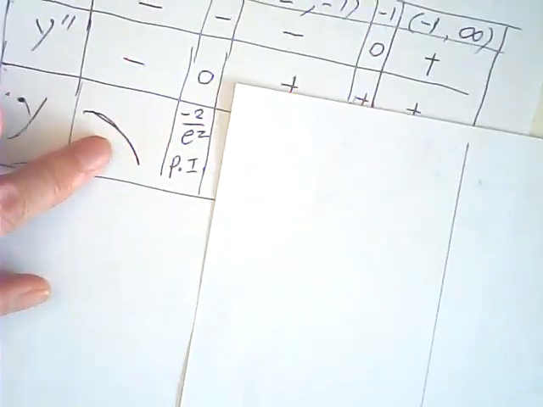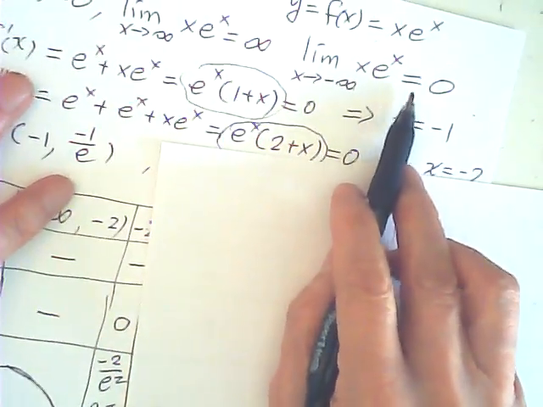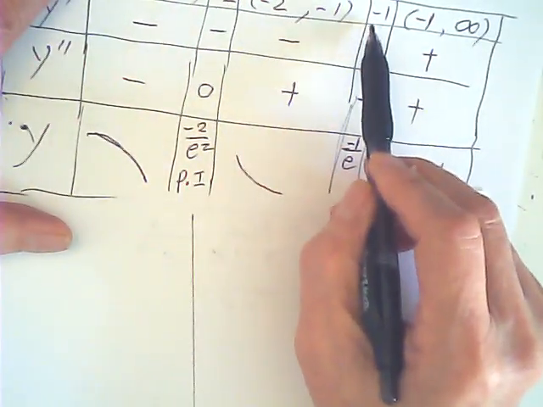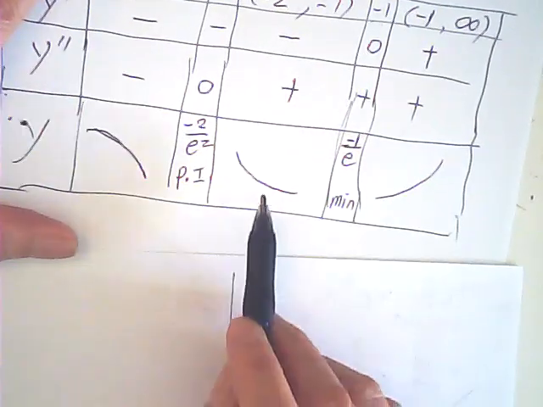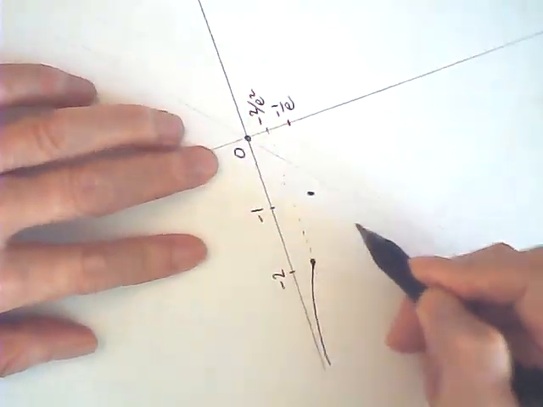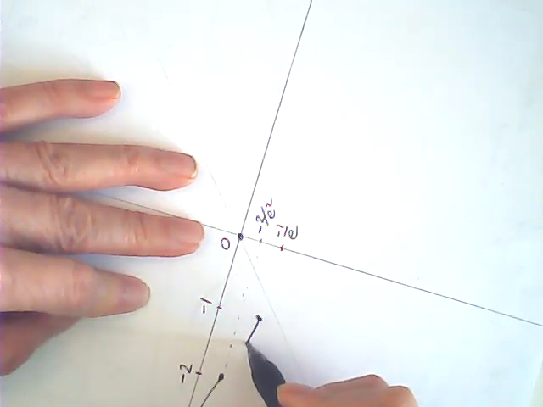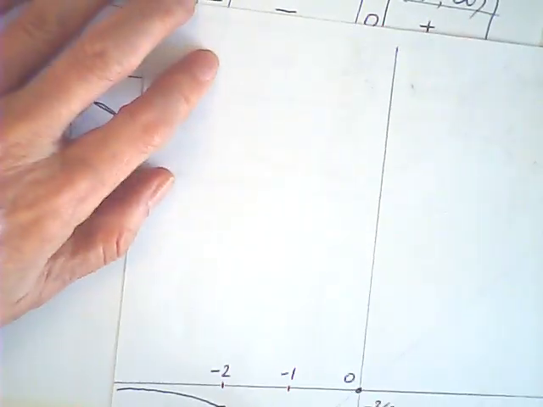This is the asymptote. And from this point to that point, this is the shape.